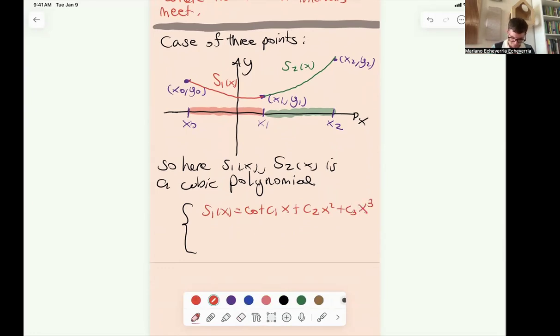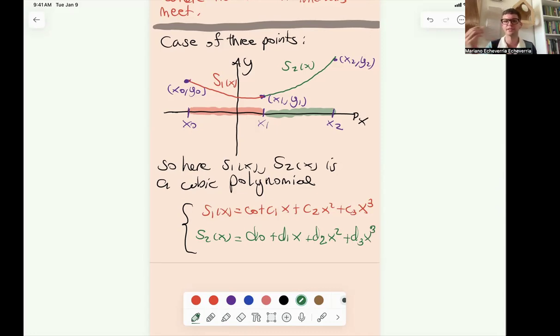And then S2 of x would be this. Let's use another letter for the coefficients. So it would be D0 plus D1x plus D2x squared plus D3x cubed. So basically here the goal would be to determine all the coefficients, right?